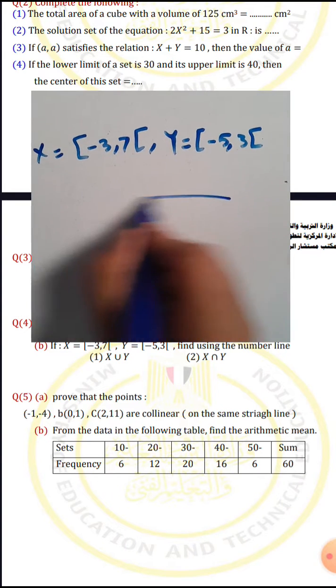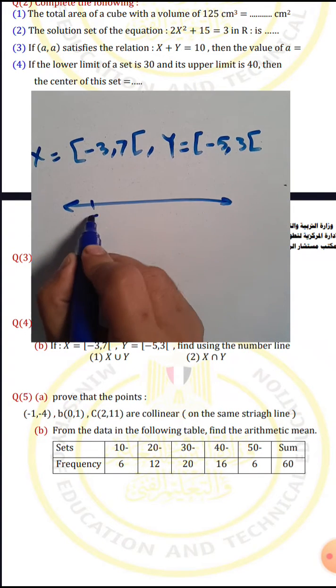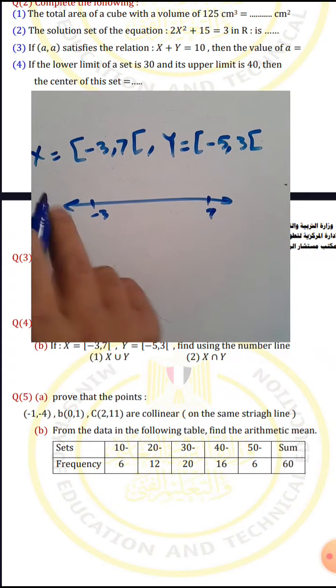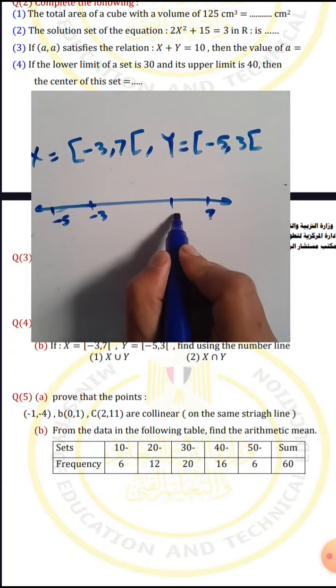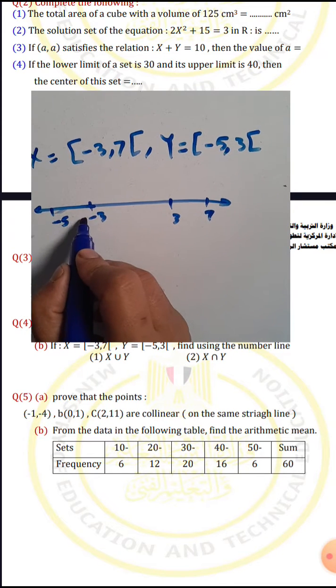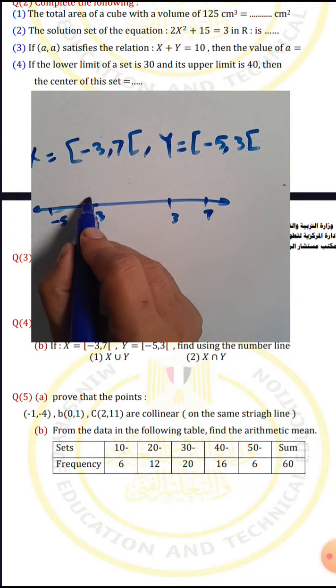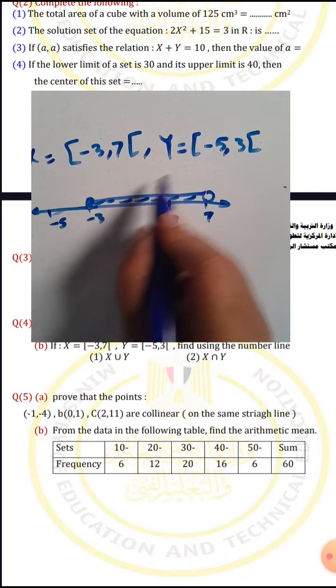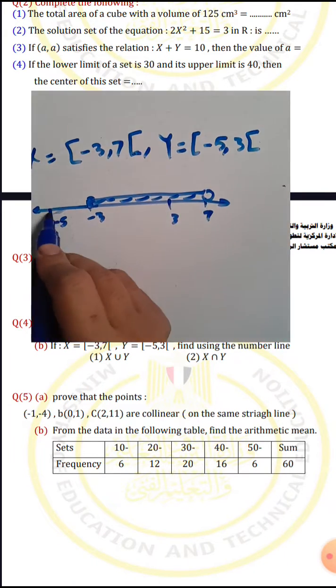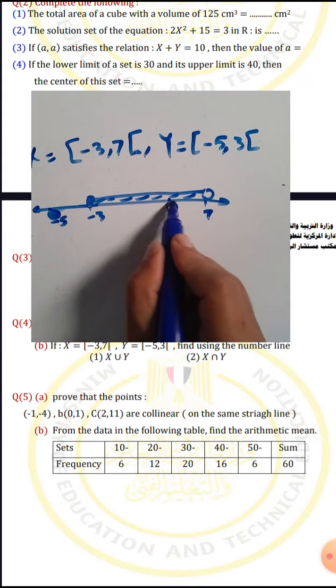Okay, first I will draw a number line. From negative 3 to 7, and we have here negative 5 to 3. So the first interval from negative 3 closed to 7 open, and Y from negative 5 closed to 3 open.